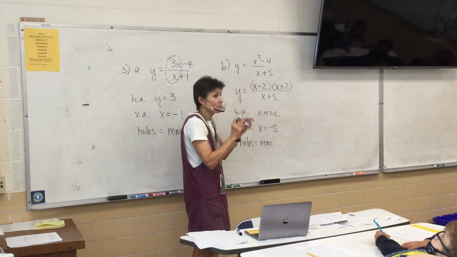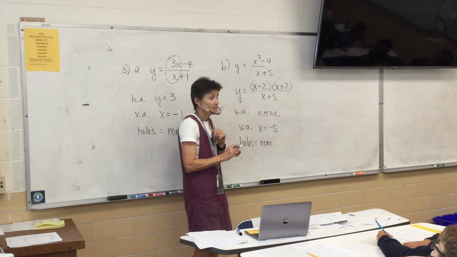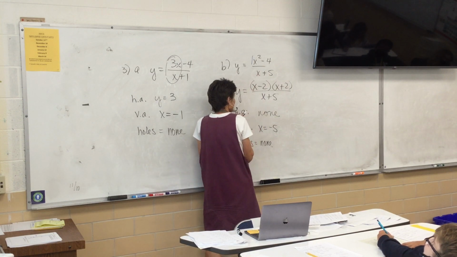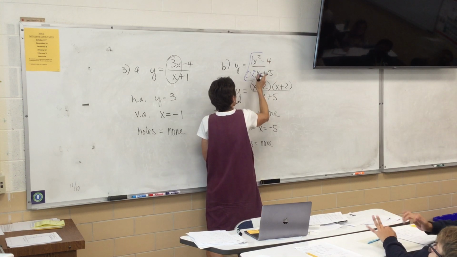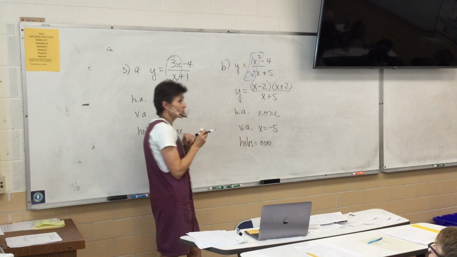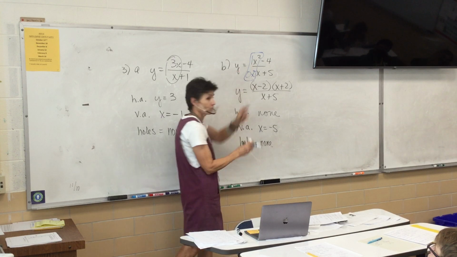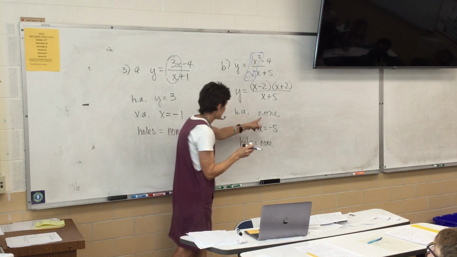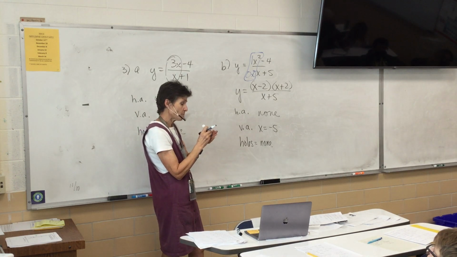The highest power altogether in the problem is x squared, right? There's one of them on the top. How many x squareds are in the bottom? 0. So when I box them in, it says y equals 1 over 0. Is 1 over 0 okay? No, that's why there's none, because you can't have 1 over 0. We talked about this before.